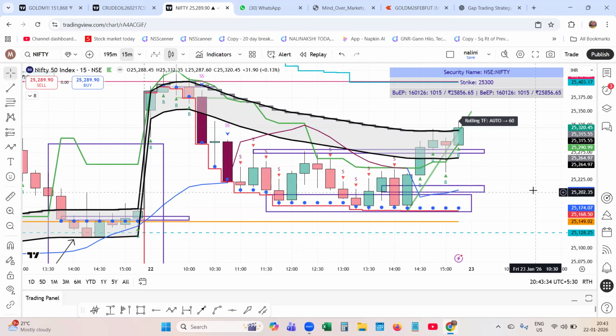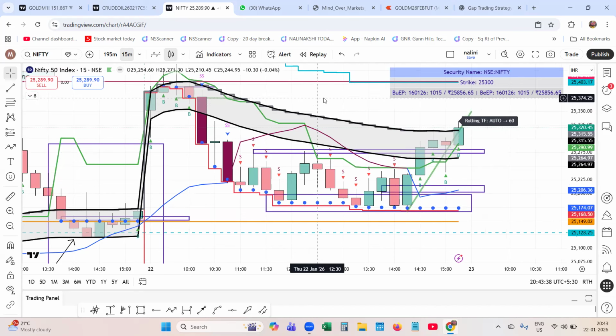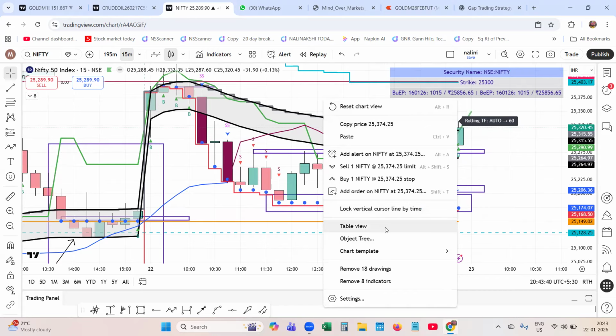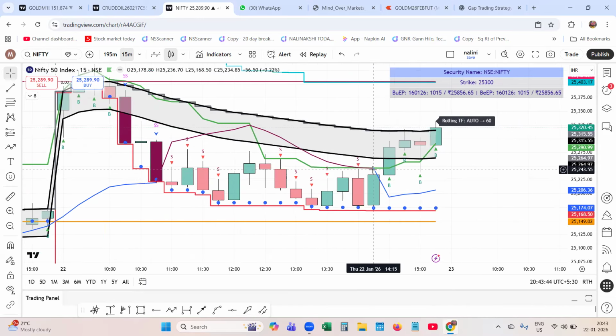Here you can see, in this area, let me remove the drawings. Okay. Price started climbing above the value area high. This is the value area low.